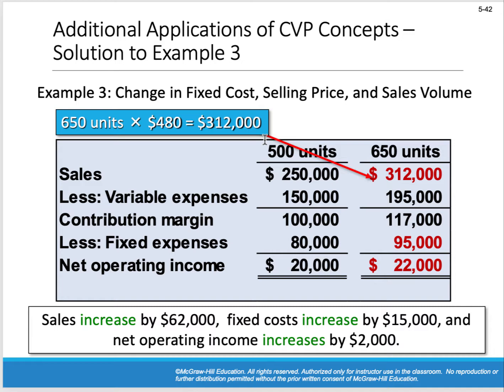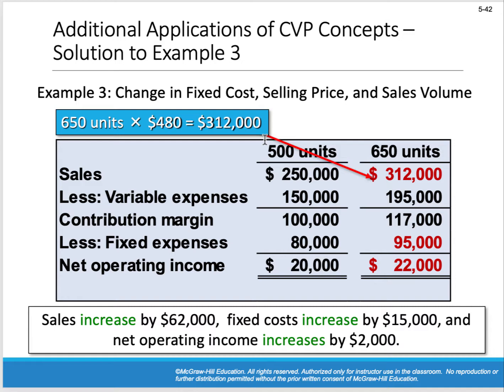We also have to calculate variable expenses. Why? Because our sales volume changed. That means our total variable expenses have now changed. In this example, we're still using the $300 variable expense per unit, okay? The proposal wasn't to change variable cost. That was the second example.